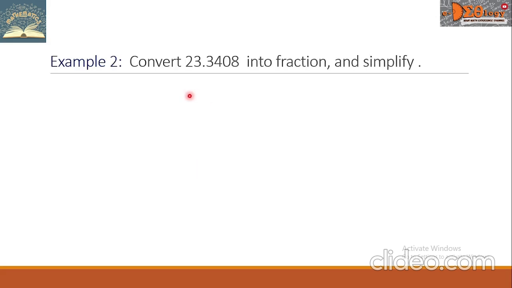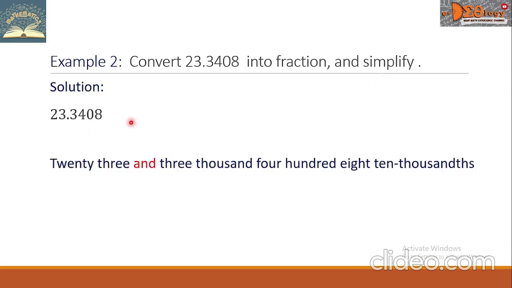Example 2. Convert 23.3408 into fraction and simplify. The given decimal is here, and we read this formally as 23 and 3,408 ten-thousandths. The place value is 10,000.